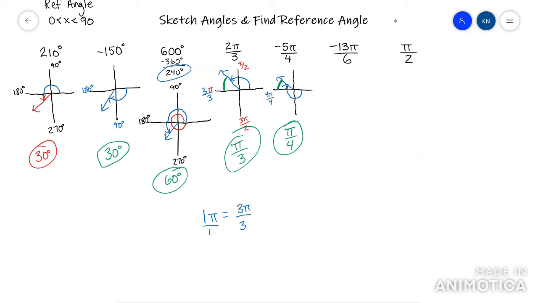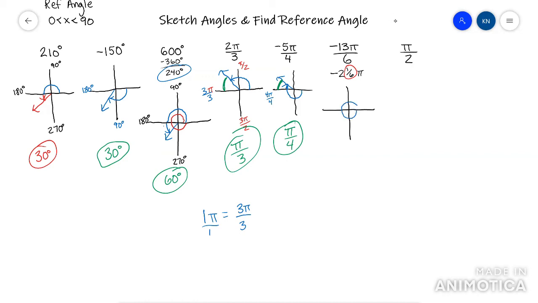Okay, this next one, negative 13 pi over 6. Sometimes I make them mixed numbers. This is negative 2 and 1/6 pi. The reason I did that is because it's more than a full loop, so I wanted to find out how much more than a full loop it was. Here I would start like this.